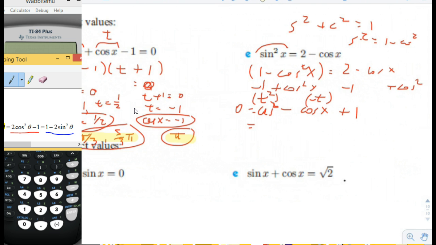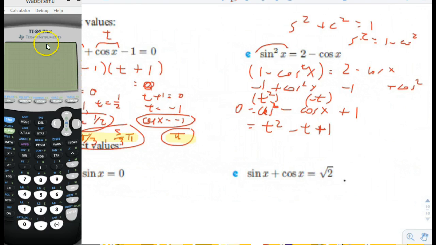There's no integer solution to this one. So we're going to take our equation t squared minus t plus 1, and we're going to use the calculator with poly-SMLT, which is basically like using the quadratic formula, to solve it.